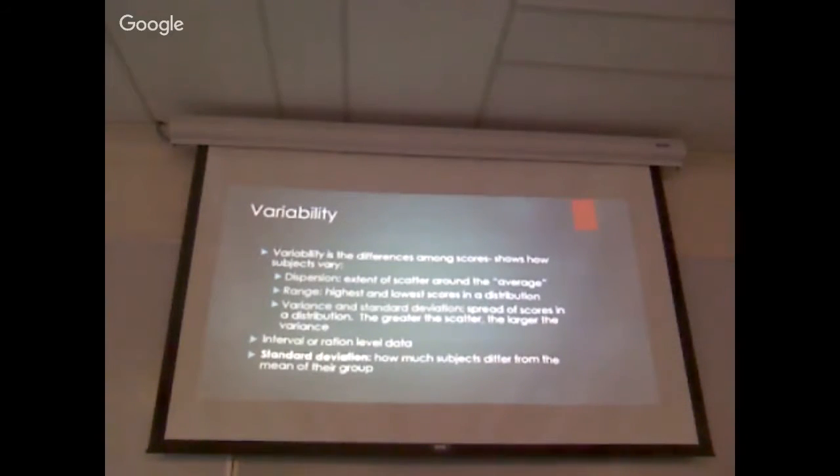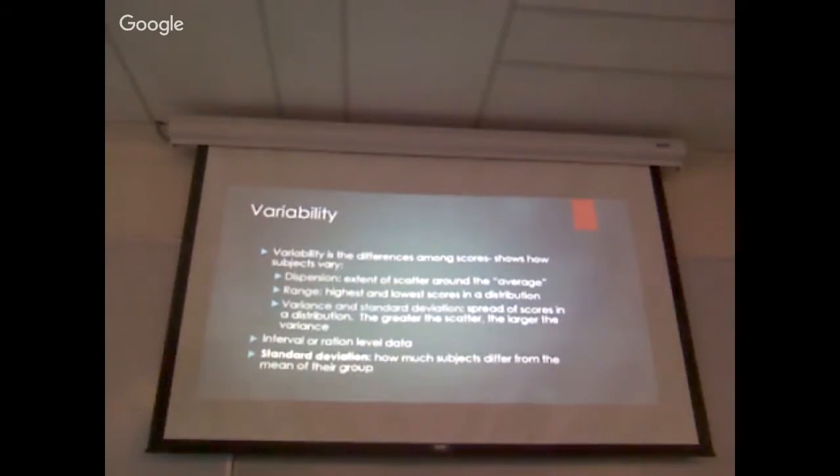Now, variability, differences among scores. Some of the things we talk about are dispersion, that is, how much things are scattered from what's considered average or the middle of that set of numbers; the range, what's the highest and the lowest values within that group of numbers; and the variance and standard deviation.